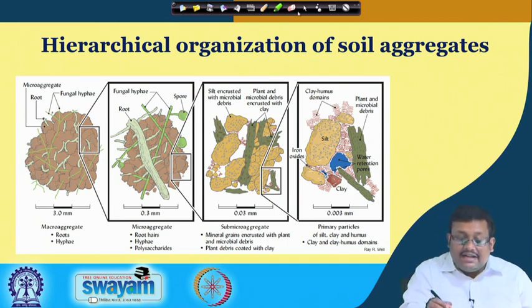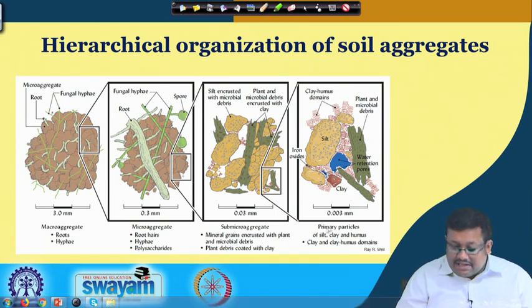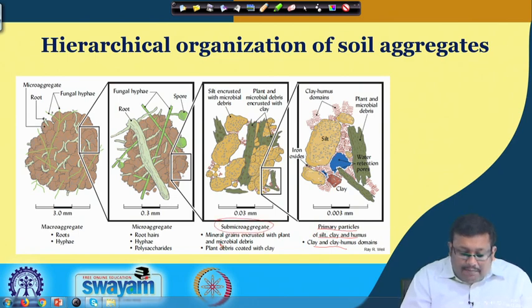This slide shows how primary soil particles aggregate together to form a soil structure. We generally start with primary particles like sand, silt, clay and humus. These primary particles form the sub-micro aggregates by the cementing action of plant debris coated with clay, and also different microbial aggregates. So, basically the soil is encrusted with plant and microbial debris.